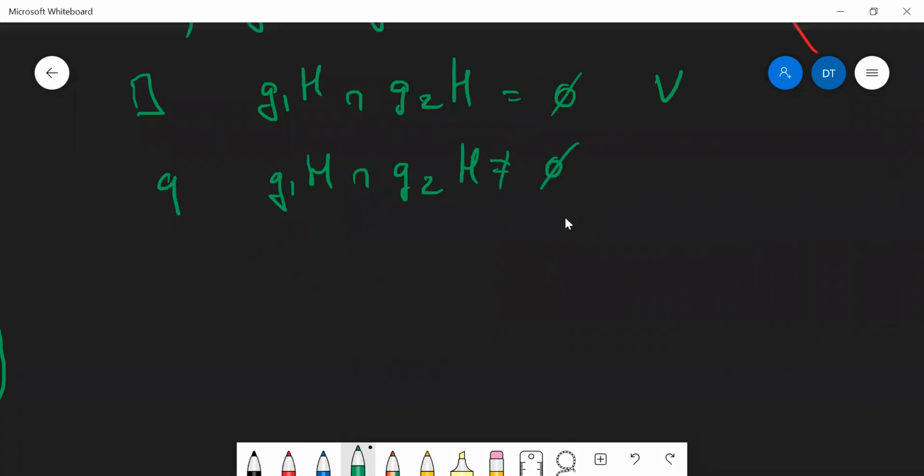And suppose that G is a common element which belongs to the intersection. So since G belongs to G1H, this means that G equals G1 H1 for some element H1 in H.